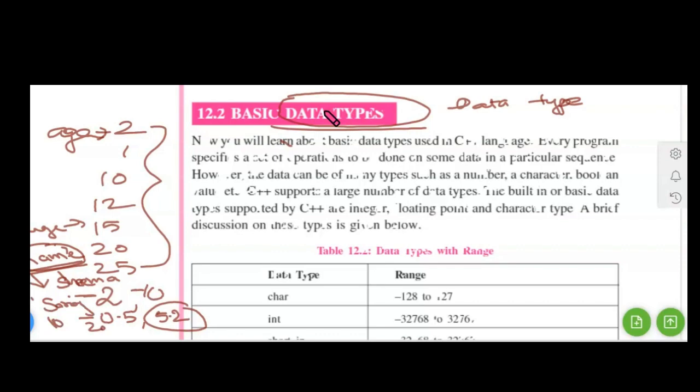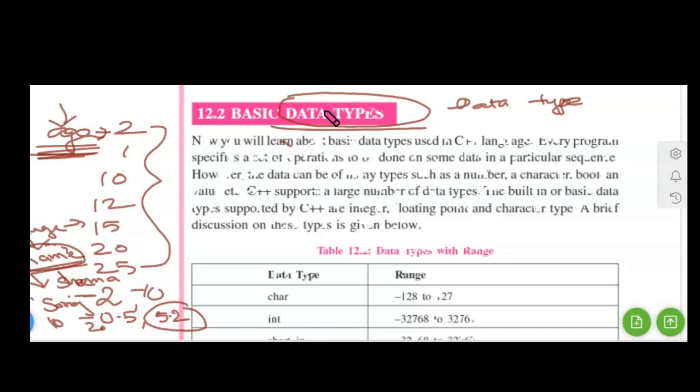So the program has to understand that the variable name, whatever I am giving, has to be taken according to its type. Age should have some number. A name should have some characters in it.